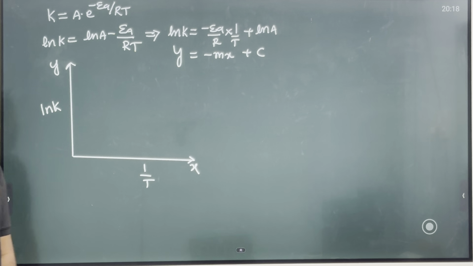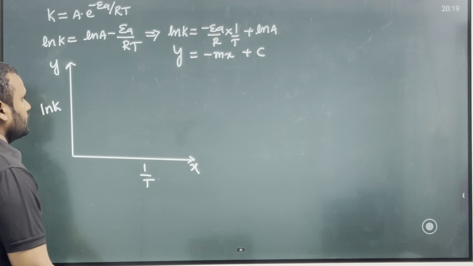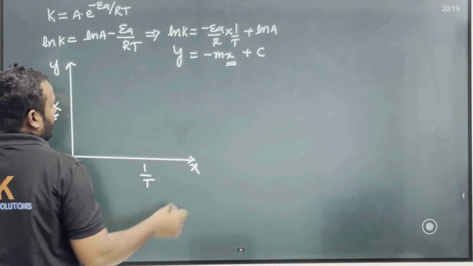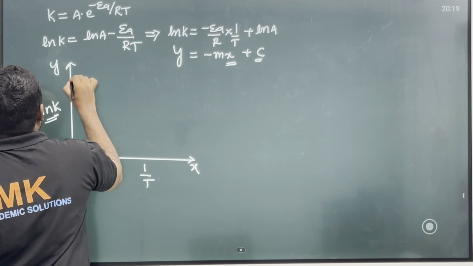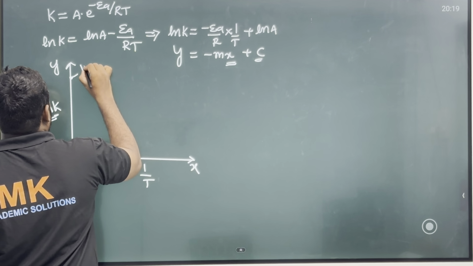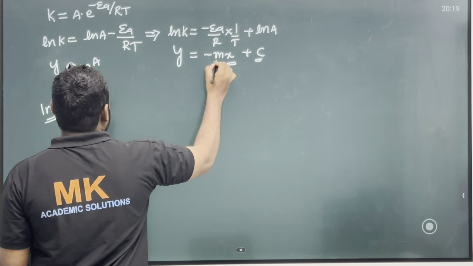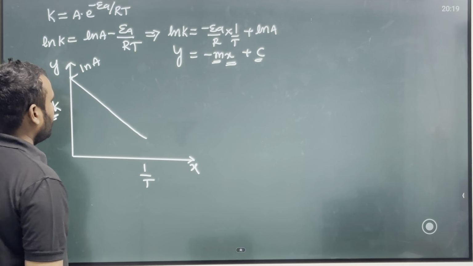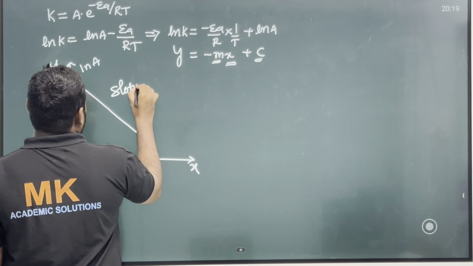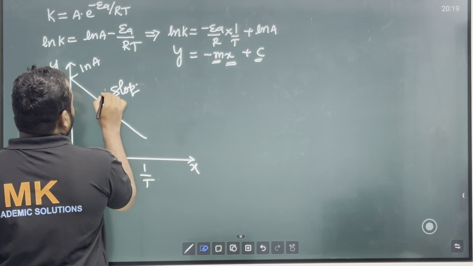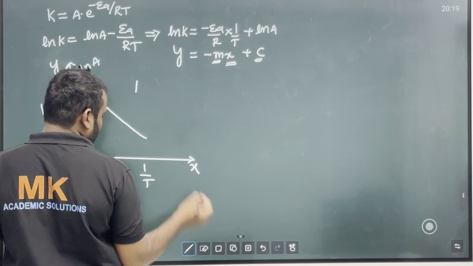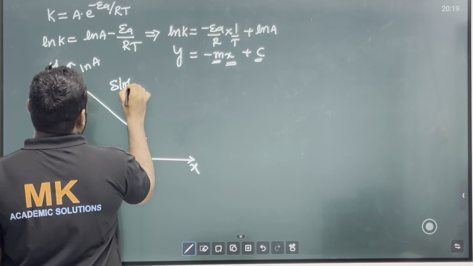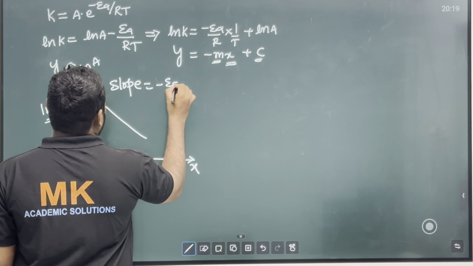Here y is ln k, x is 1 by T, and c is the intercept on the y axis, which here is ln A. Which slope are you getting here? A negative slope, a downward line you will get. The slope is equal to minus Ea by R.